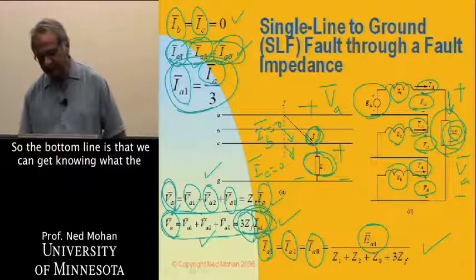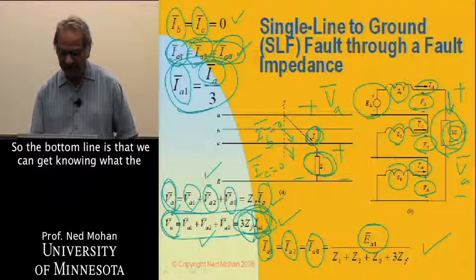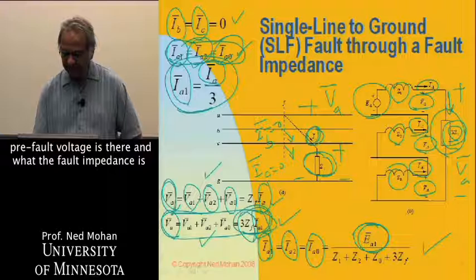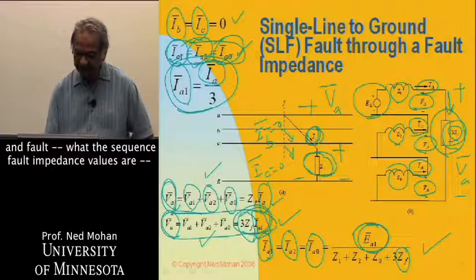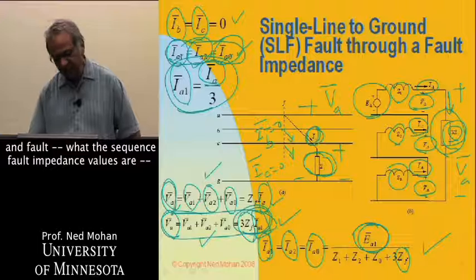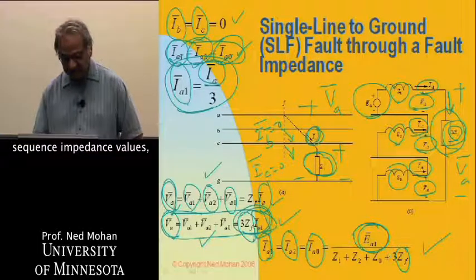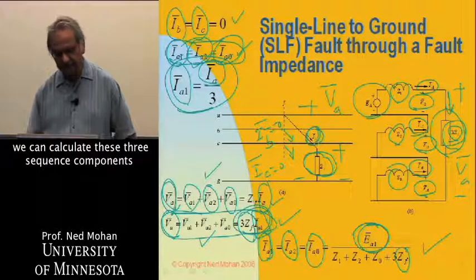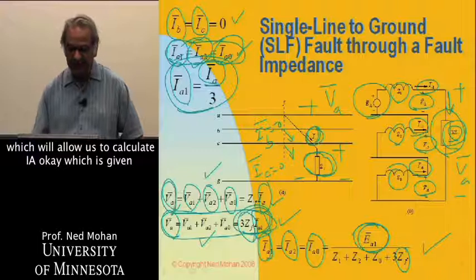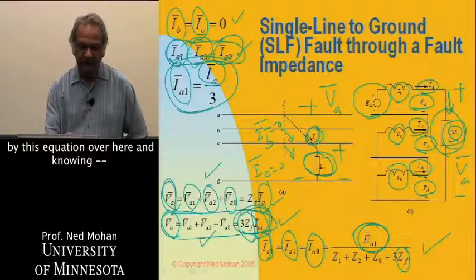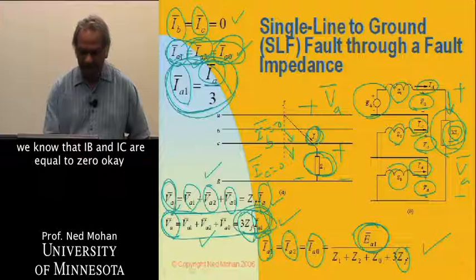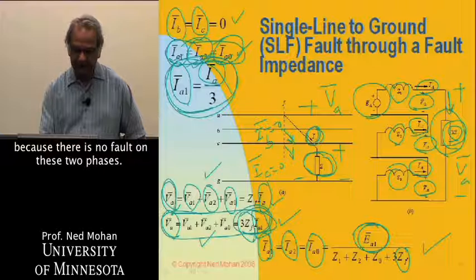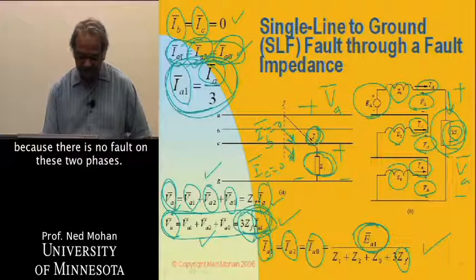So the bottom line is that, knowing what the pre-fault voltage is, what the fault impedance is, and what the sequence impedance values are, we can calculate these 3 sequence components, which will allow us to calculate IA, which is given by this equation over here. And we know that IB and IC are equal to 0, because there is no fault on these 2 phases.